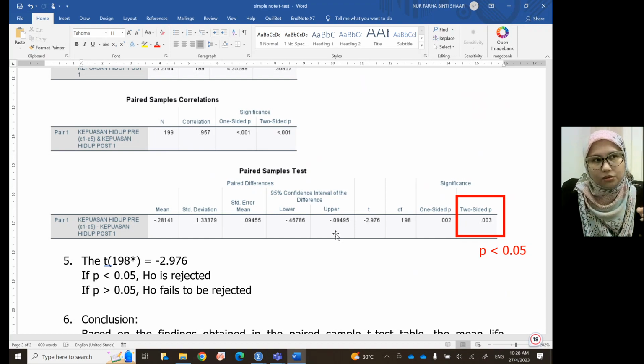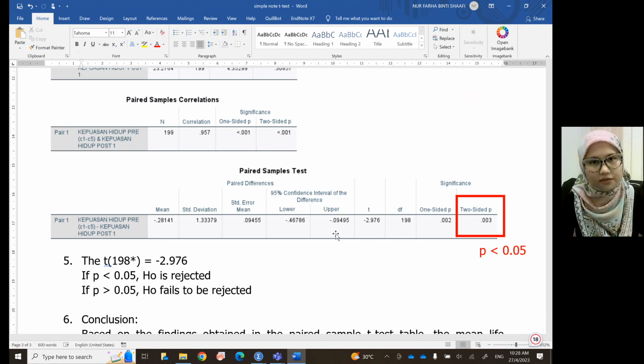Meaning if you want to know why the mean value for post-life satisfaction is higher than the pre, usually the researcher will interview the respondents. The respondent will give you the answer.